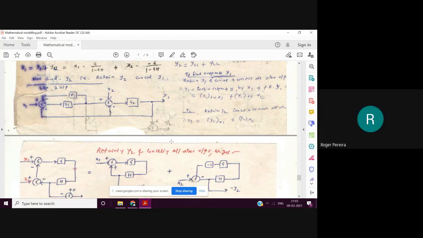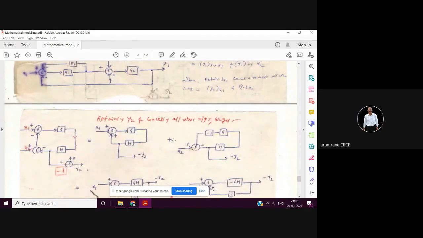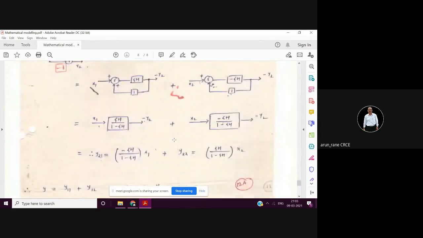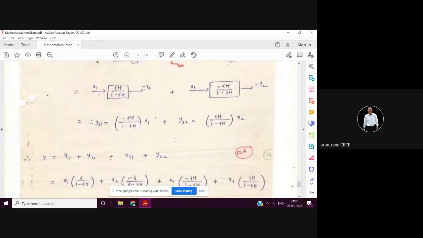Okay. So that was your block diagram reduction. First we saw what the different control engineering systems are, what control engineering is, and the scope of control engineering.